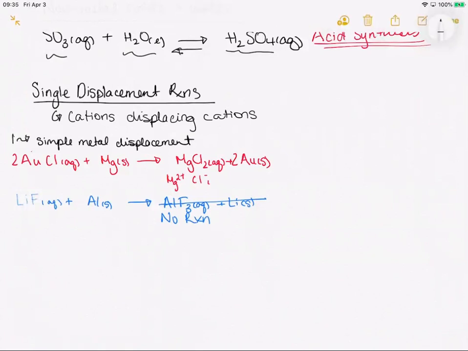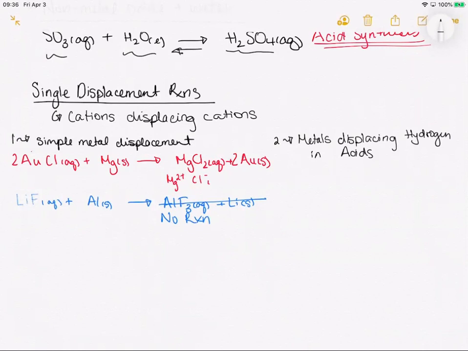We can also have metals displacing hydrogen in acids. If you remember the reactivity series that I gave you, there are three different arrows.